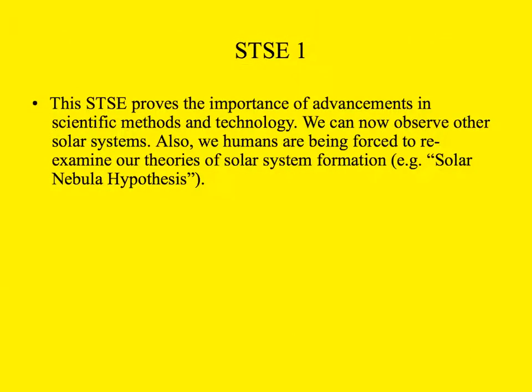This STSE proves the importance of advancements in scientific methods and technology. Like I said, we thought the solar nebula hypothesis was the be-all, end-all, and we still think it to be true from a hypothesis type of definition. But at the end of the day, we're also thinking that it could probably be a little bit too simple.